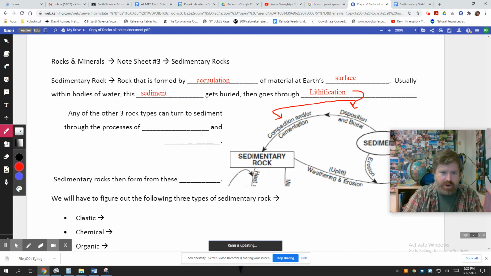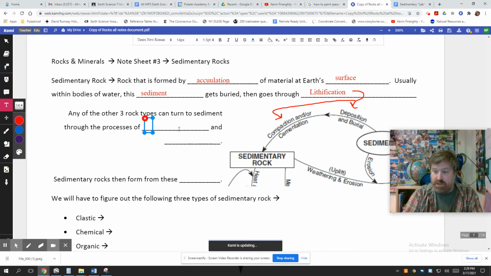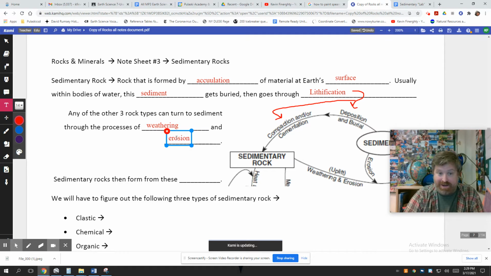Any of the other 3 types of rock can turn to sediments. So you take a metamorphic, an igneous, or a different sedimentary, and you put them somewhere at Earth's surface through the process of weathering and erosion, which is like what we did for weeks in the first part of this marking period. Let's talk about how Earth's surface gets beaten up.